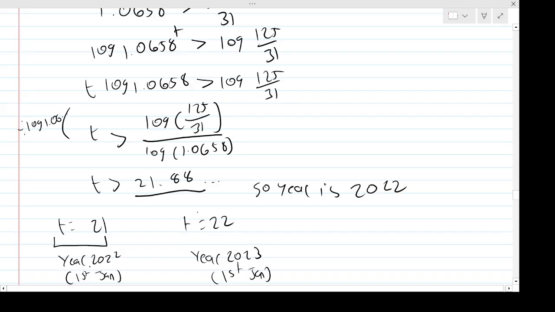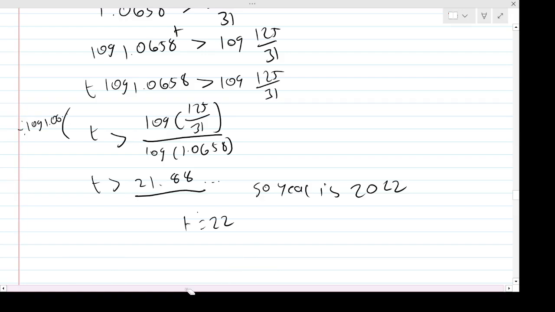It's quite tricky, but yeah. So the year when it exceeds 100,000 is in between 2022 and 2023, so it still has to be in 2022. So there we are.